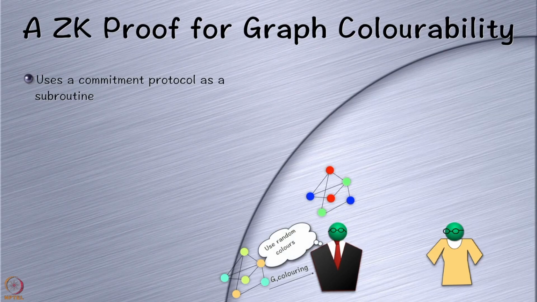So first, the prover will, now for clarity, I'm using a different color palette here. The red, blue, and green colors are what he's going to use in the proof, and he will assign them randomly to the original colors, whatever they were, the kind of pastel red, blue, and green, or orange, cyan, and yellow, maybe.